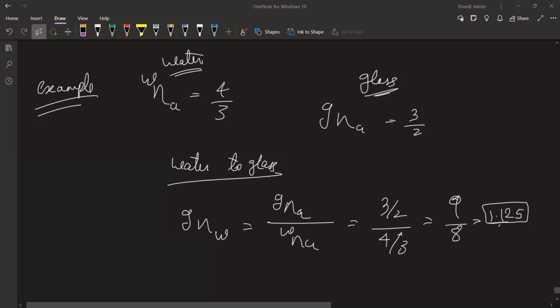Okay, some questions are from lenses. We didn't go through lens. Even power.